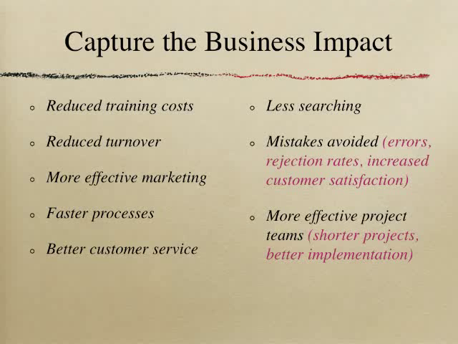More effective marketing. If I'm able to have information about the customer, specific things about the customer that might be useful to the next person making a sales call on that customer, or specific information to the next person making a sales call on that type of customer, that would be very useful for my marketing efforts.